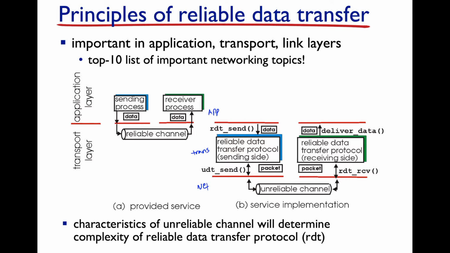And so from the perspective of the transport layer, it uses the services of the network layer below, and it perceives it as an unreliable data transport, or a UDT send. So this transport layer gives the illusion of reliability, but it interfaces with this unreliable transport, namely the network layer.